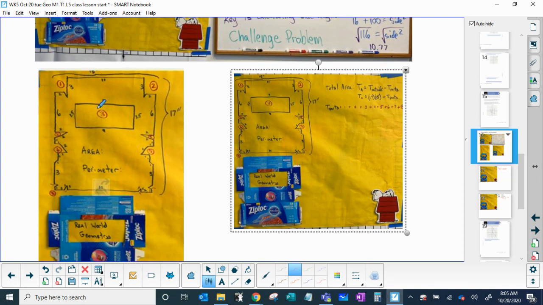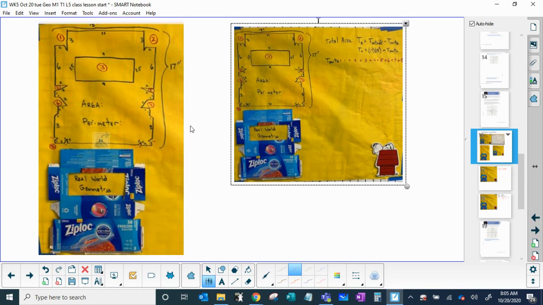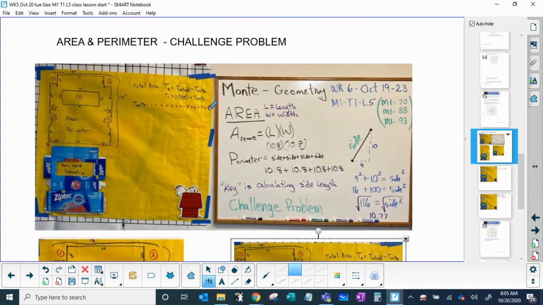And you can see the easy parts. I have the total area, length times width. But then I have to subtract off all these parts, right? And I'm just going to break up all these parts into either triangles or rectangles. So stay tuned for that video for our challenge problem of the week.